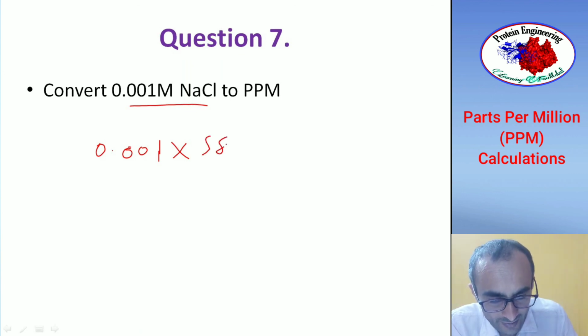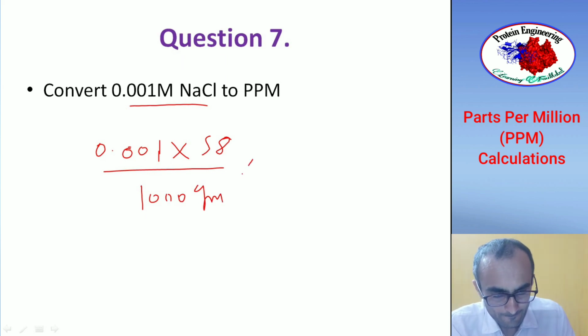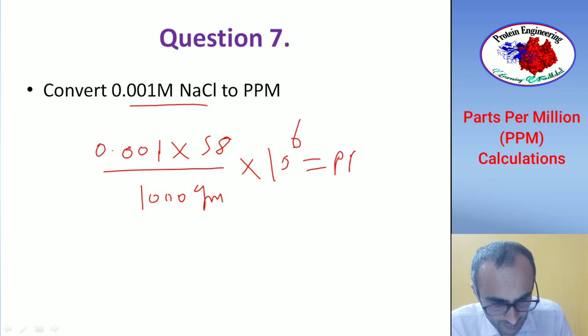So multiply that with 58, that's the molecular weight of NaCl, and this is in 1 liter. 1 liter means you have 1000 grams of solvent. Then similarly you multiply that with the factor of 10 raised to the power 6, and this will be ppm.